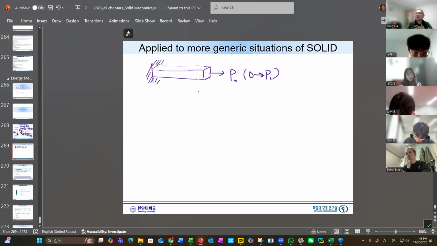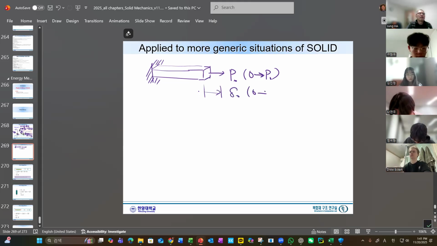When we say P0 is a final status, we cannot apply P0 suddenly, right? So this is a final status starting from 0 to P0. And then the final status of deformation will be, I would say, delta zero.